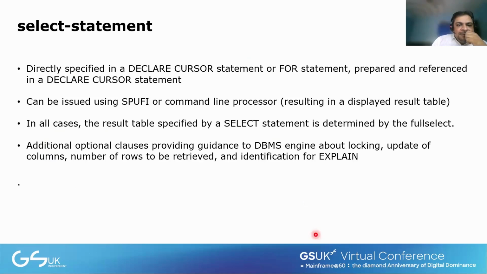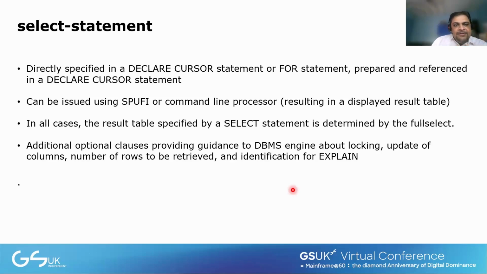Select statement as per DB2 guide. This is like you can mention after the declare cursor statement. So you invoke DB2 by exec SQL in a COBOL statement, and then you declare a cursor, then you open it, then you fetch the data row by row or in a group of rows, and then you close it.